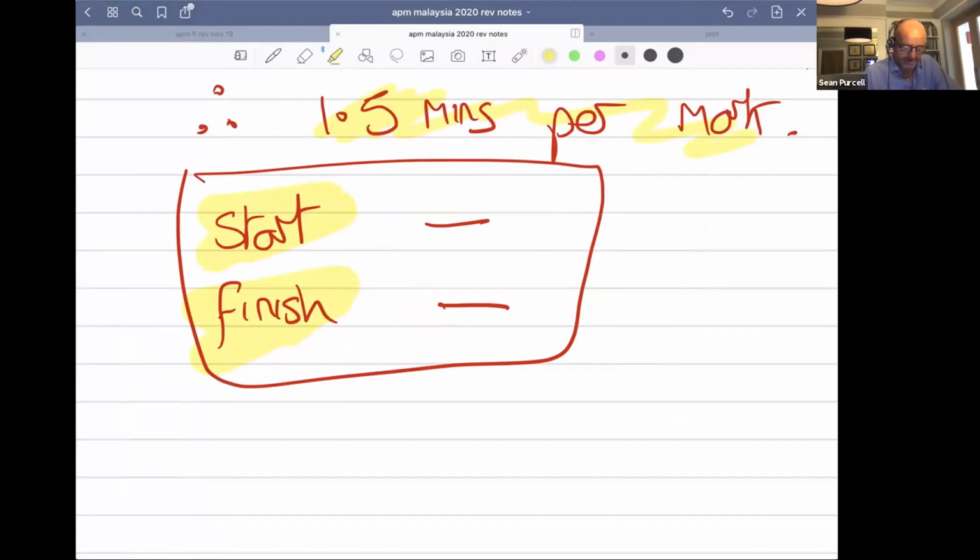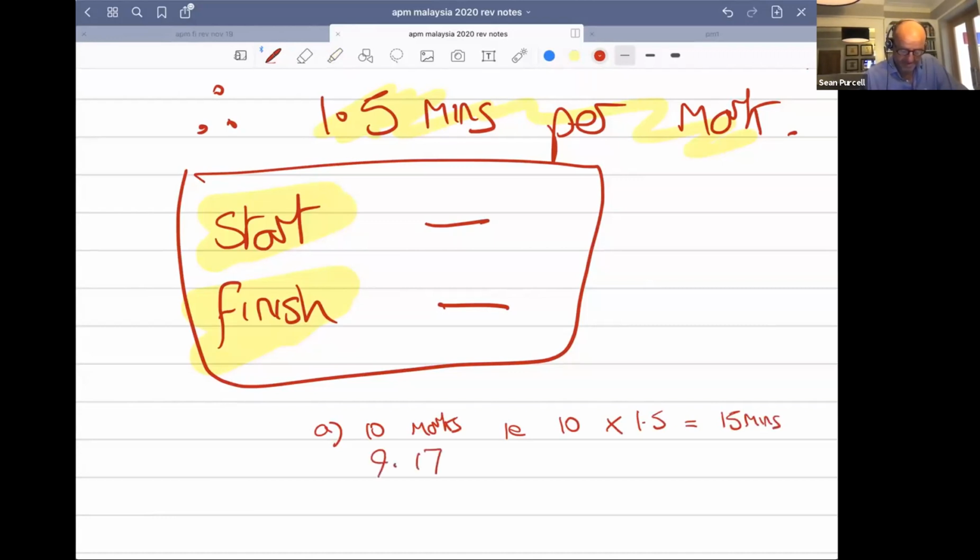So if it was a 10-mark question, i.e. 10 times 1.5 equals 15 minutes. If the time was in the UK, it's 9:17. I'm going to add 15 minutes onto that, and I would end at 9:32. And that is how I manage my exam.